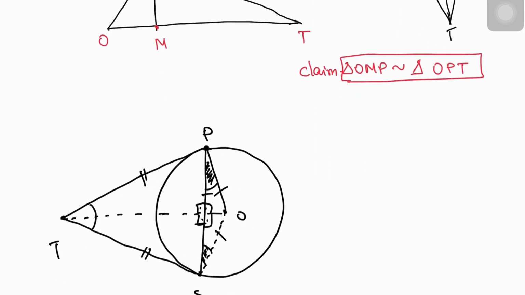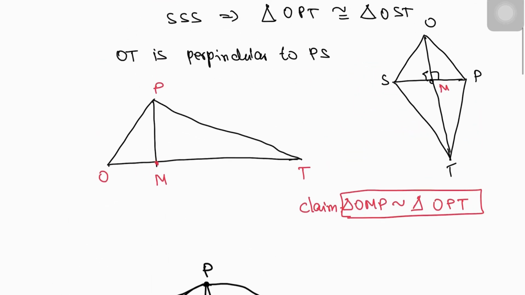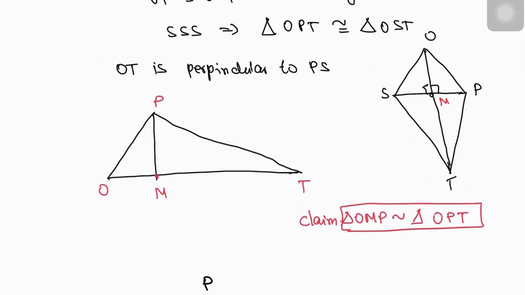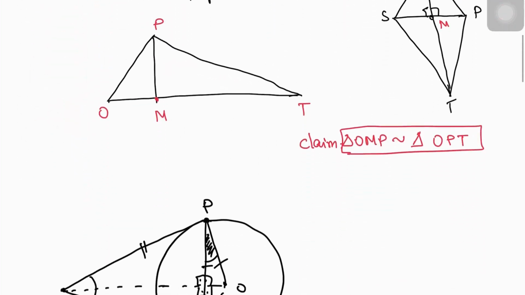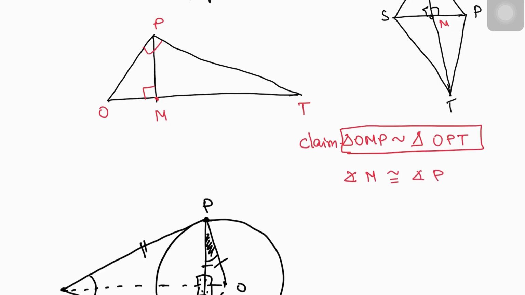So we have here again the same image. Why would this be true? Why would OMP be similar to OPT? Well, obviously there is at least one common angle, which is the angle at T. And the angle at M is congruent to the angle at P. Why?